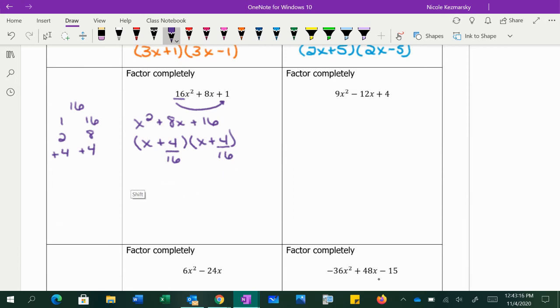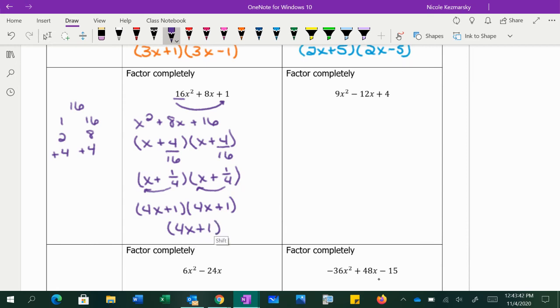So then we're going to say x plus, and that reduces to 1/4, and x plus 1/4. And then the 4's we're going to move over to coefficients of the x. So 4x plus 1 and 4x plus 1. And since they're the same, we'll go one more step and write this as 4x plus 1 squared.